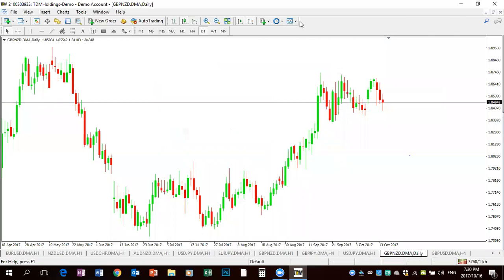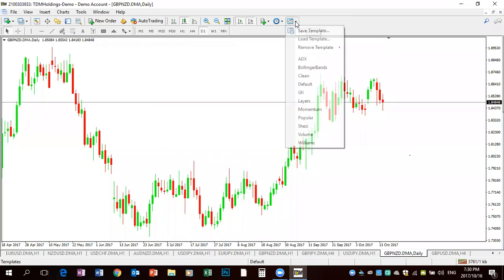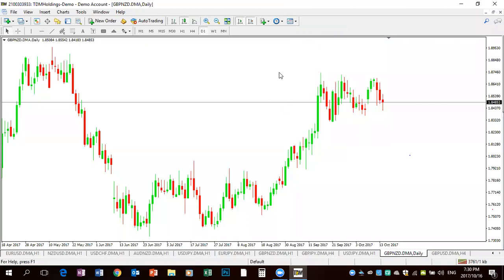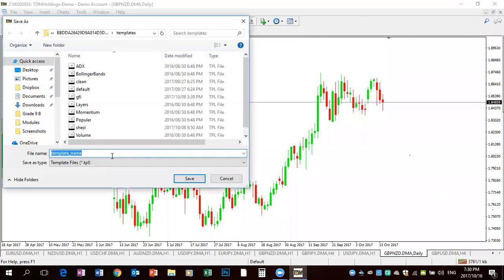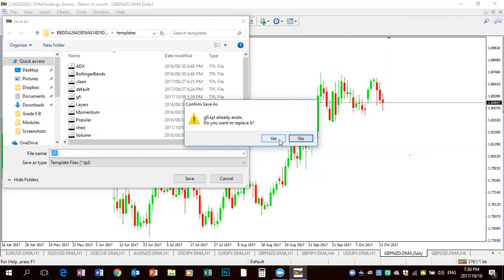Now, if I want to save this information, I will go there and say templates and save template. Guys, if you have a beautiful name, you can write your beautiful name. But if you don't, please don't write that name, write GFI, because the kids are going to laugh at you. Okay? Because I don't have a beautiful name, I will just say GFI, and I would have saved that template.